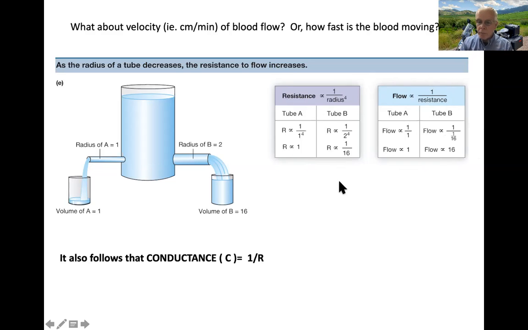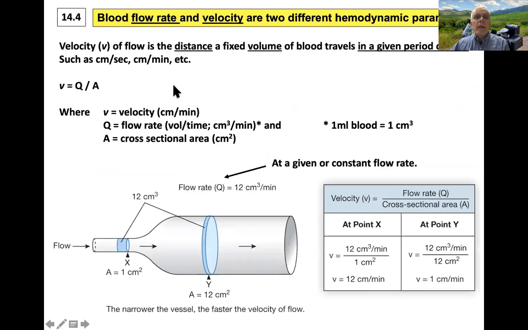Now, what does that have to do with velocity of blood flow? Conductance, C, again, is 1 over the radius. Oh, I'm sorry, 1 over resistance. Flow rate and velocity are different parameters. Velocity of flow, again, is distance. A fixed volume of blood flows through a given period of time.